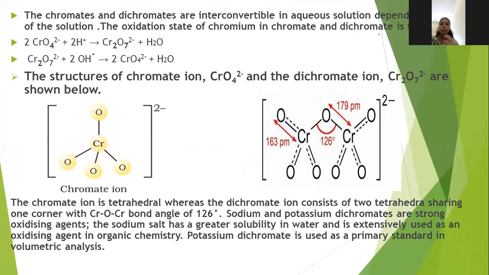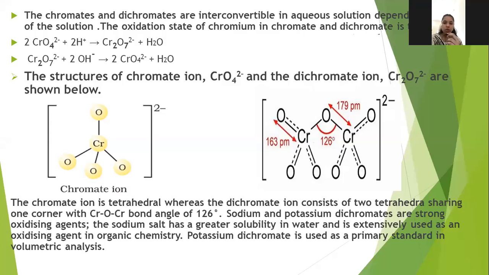Next, chromate and dichromate are interconvertible in aqueous solution depending upon the pH of the solution. The oxidation state of chromium in chromate and dichromate is the same.